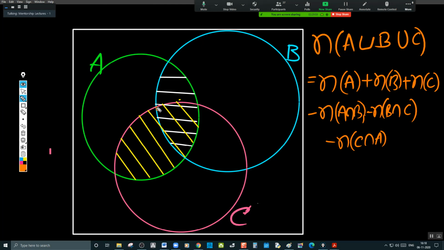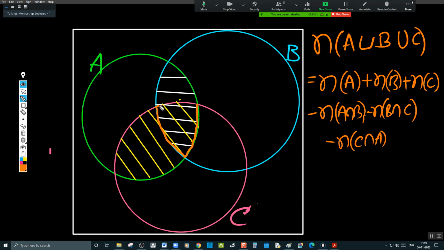This part shown, this brown line, this part is completely eliminated. That part you can see is common to all. It is common to all means what?